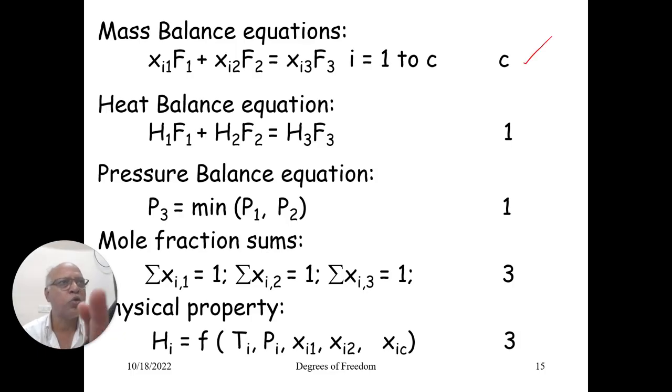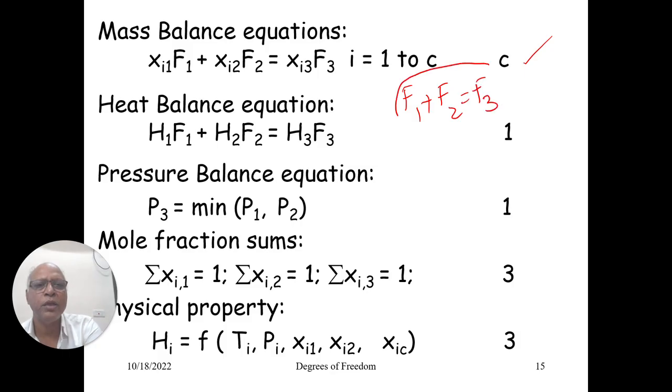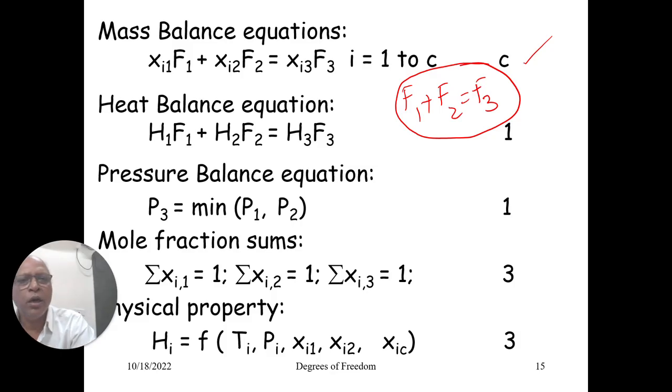Remember, if there are two components, how many independent mass balances you can write? You can write two component balances, and you can also write the total mole balance. F1 plus F2 should be equal to F3. Why did I not consider this equation? Right? Do you think, suppose if you have two components, how many independent equations I'll be able to write?